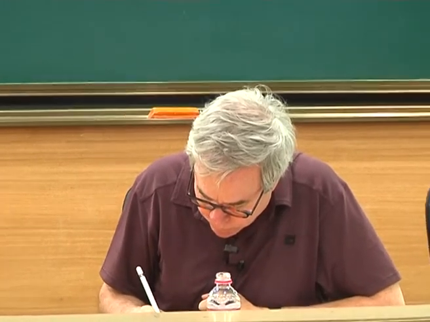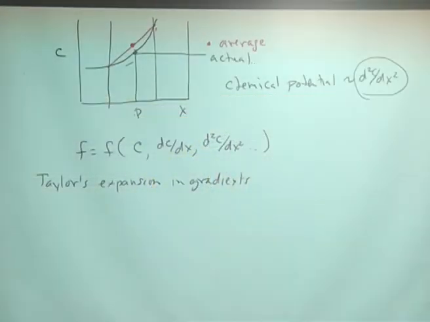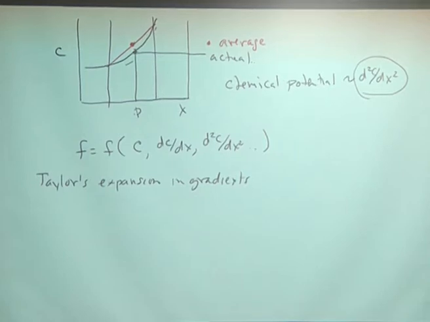And so you can write a Taylor expansion in the gradients. If you look at this term here, you can include fourth derivatives, fifth derivatives, and we're just going to take the simplest case where we look at these first two terms here.